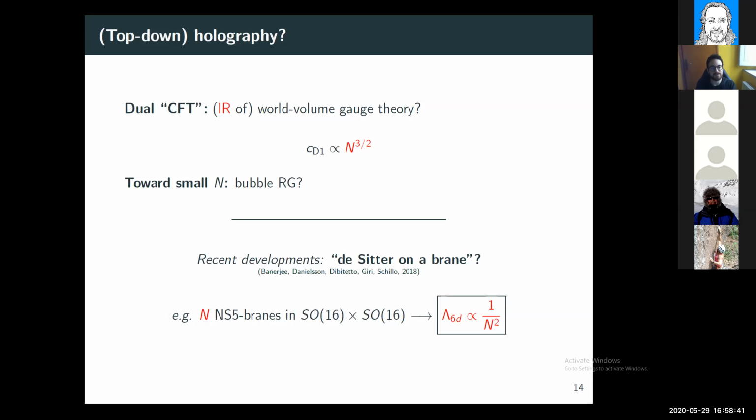So this is also a very promising idea that gives, in our concrete string models, parametrically small cosmological constants. So this is actually kind of interesting.